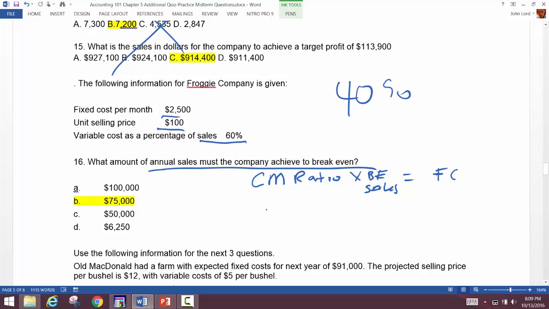My contribution margin ratio here is how much? 0.40. I don't know what my break-even sales is. That's what I'm solving for. And I just grabbed the fixed cost here, 2,500, don't I? I take that 2,500. I divide that by 0.4. That gives me, somebody got a number for me here?